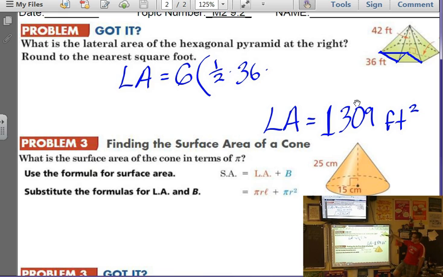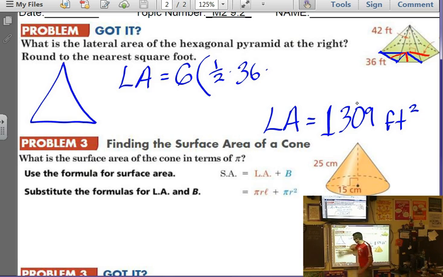So the height of the base triangle, any of those, is really an isosceles triangle where this is 36, this is 36, this would be 18, this would be 18, and these angles are 60.